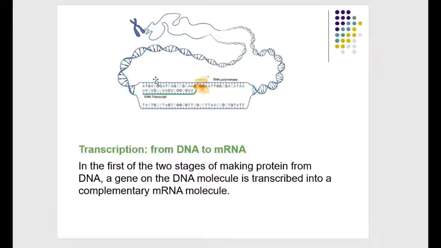So it's going to transcribe the DNA into mRNA. So remember that RNA instead of T's has U's, and it's a complementary version of whatever it reads. So that's why it's the opposite of whatever is on the genetic material. So this RNA polymerase is going to run down the DNA and make the nucleotides of the RNA.